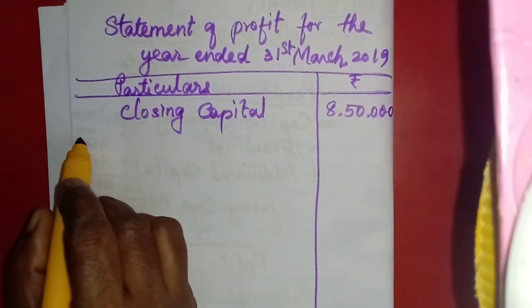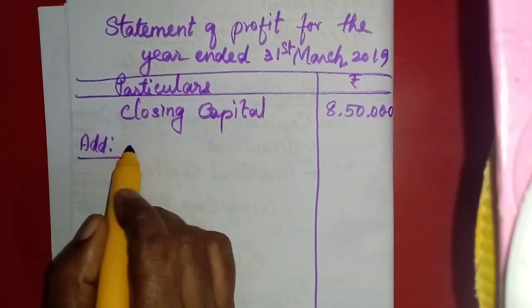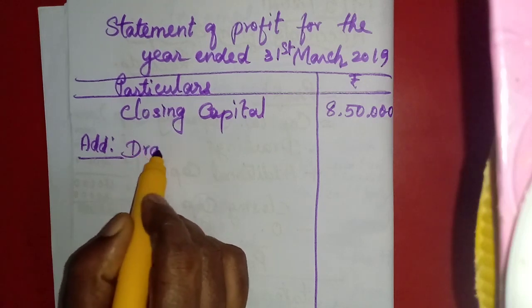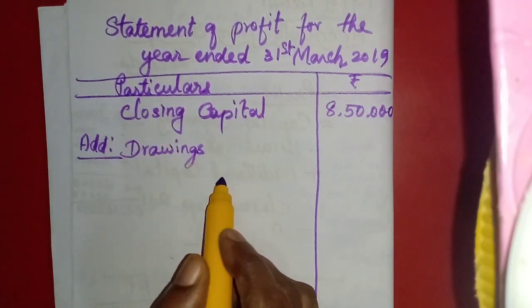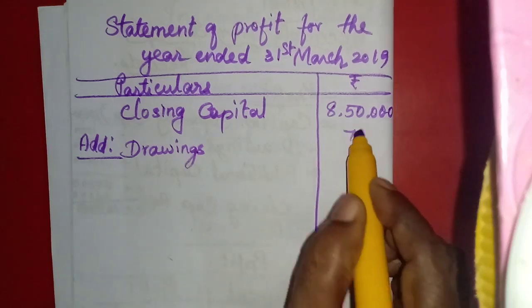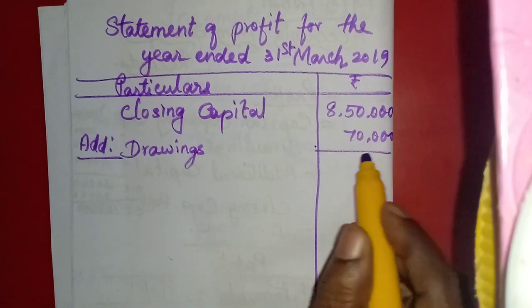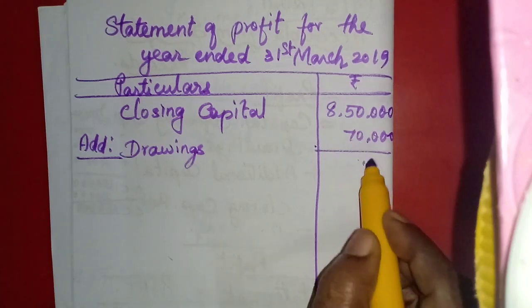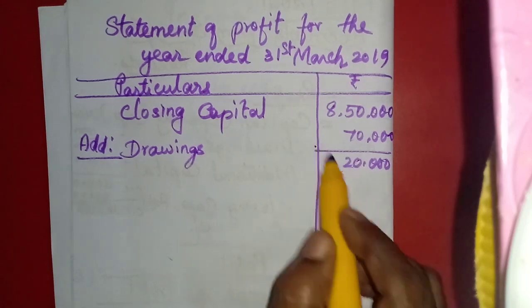Okay, add drawings 70,000. So here 3 0, here 0, 7 plus 5 12, balance 1, 9.